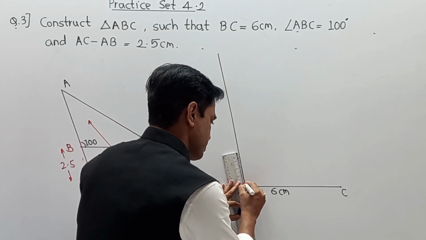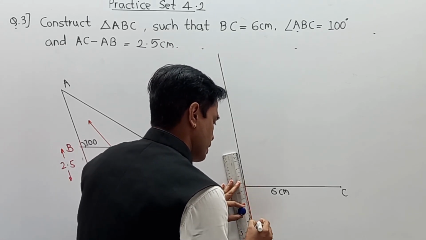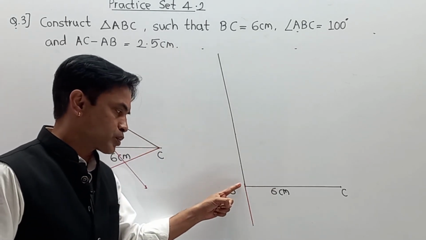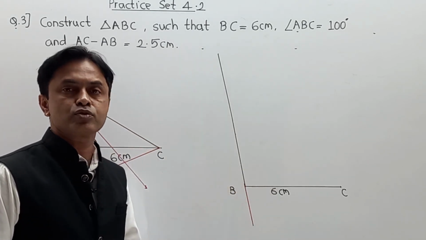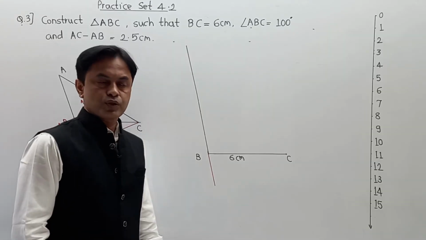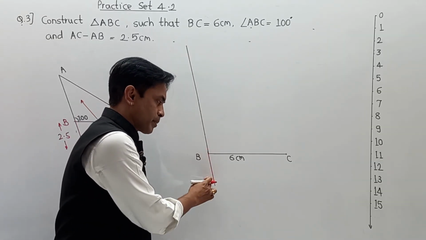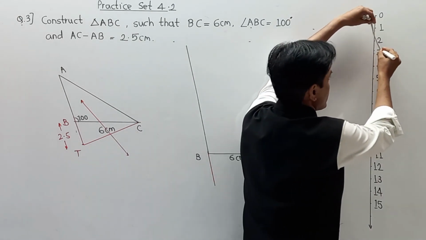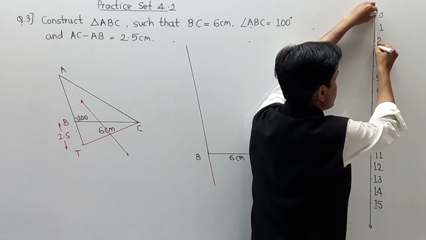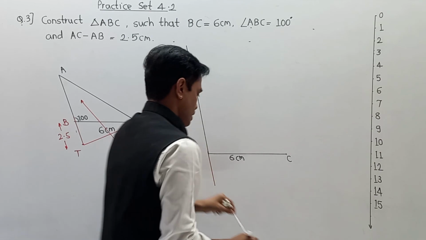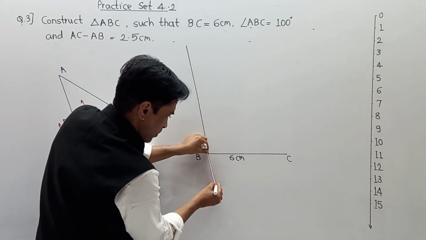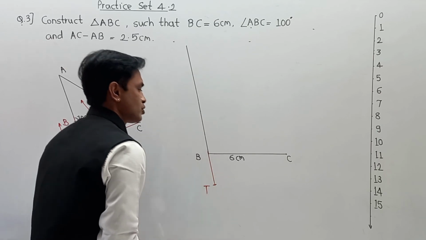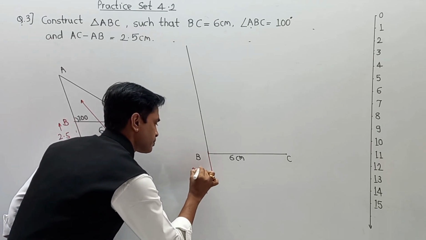So here we have drawn one extended portion, and we have to take a distance from B to that point, and that is 2.5 centimeter. So from point B up to point T, that is 2.5 centimeter.